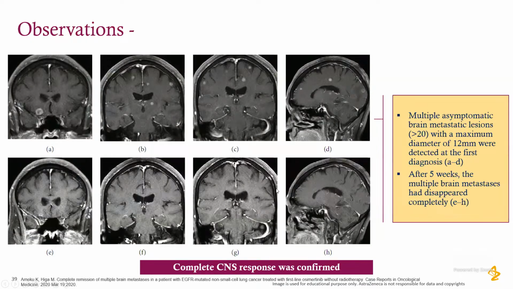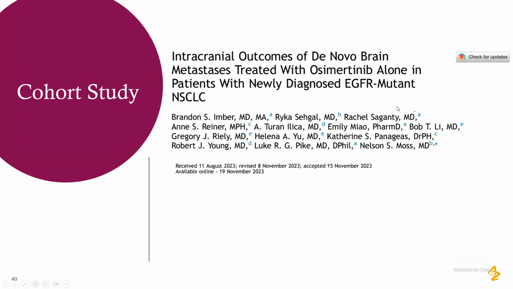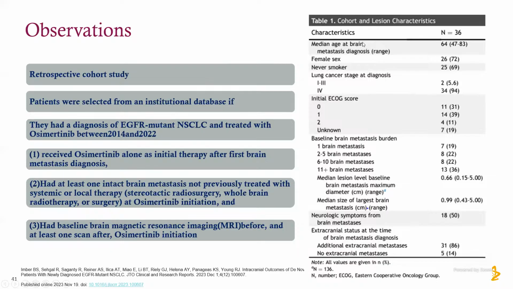No CNS metastasis has been seen. And this is the intracranial response in a retrospective trial of 36 patients on osimertinib in EGFR mutant non-small cell lung carcinoma. A total of 36 patients were taken and given osimertinib for brain metastasis.